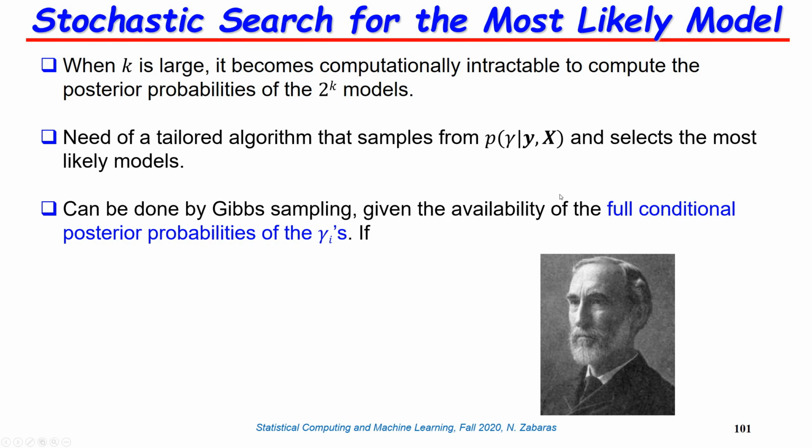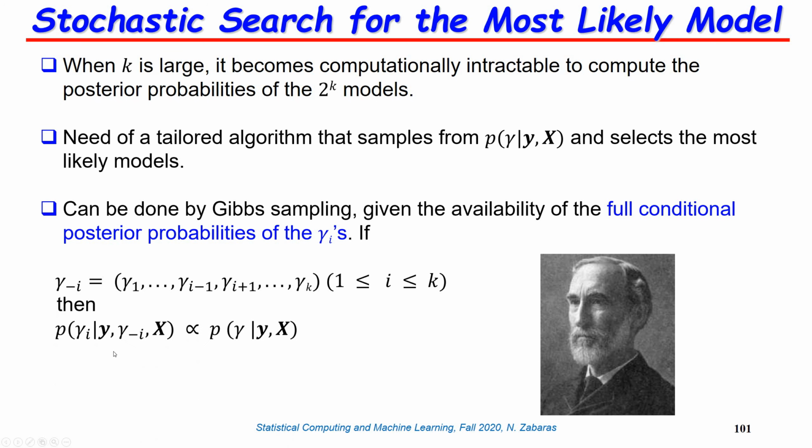All right, so obviously we are going to play with this posterior of gamma, right? This is what we're going to do. And if you remember, to be able to do Gibbs sampling, you need to have access to the conditional posteriors. And the conditional posteriors, I'm writing them here. So if you define gamma minus i to be all the gamma parameters except the parameter i, the conditional posterior of gamma i, given all the other variables, is given like that.